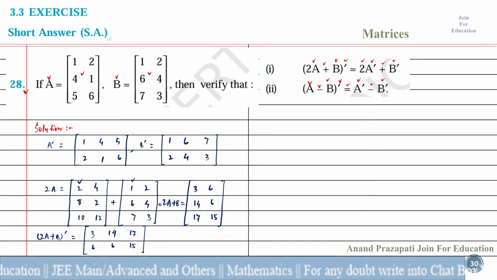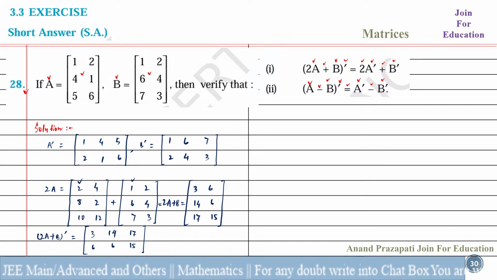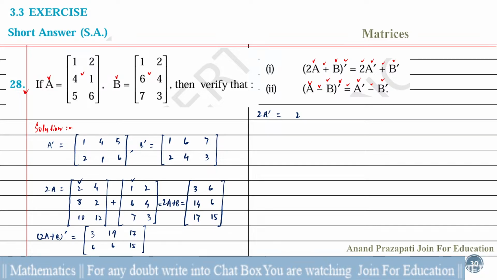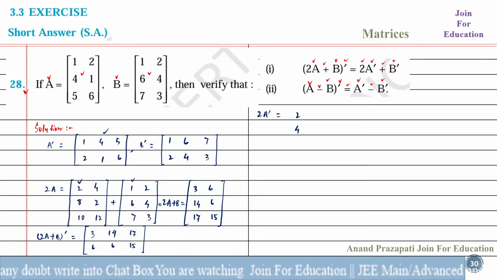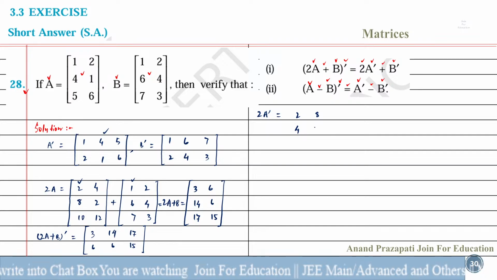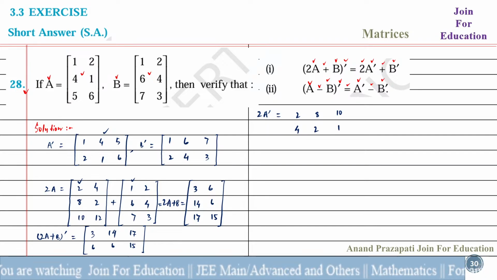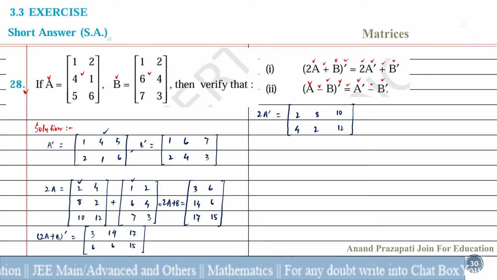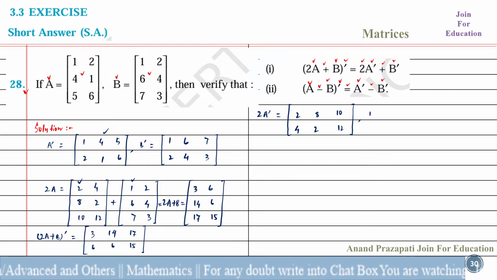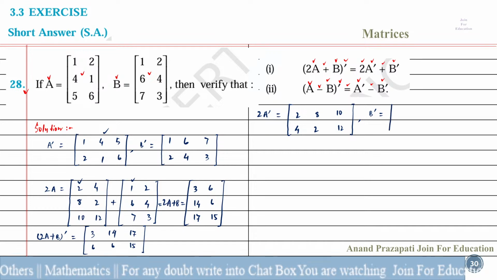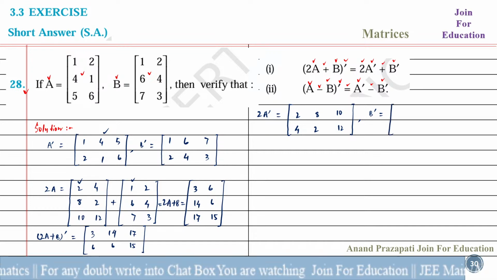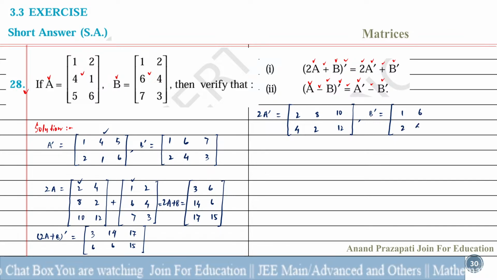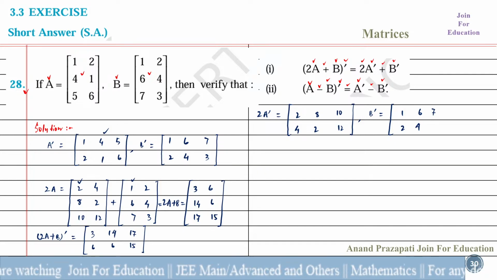2 times of the transpose of A equal to here will be 2, 4, this one, 8, 2, 10, 12. And transpose of B equal to 1, 2, 6, 4, 7, 3.